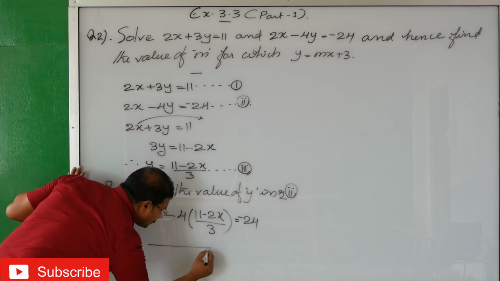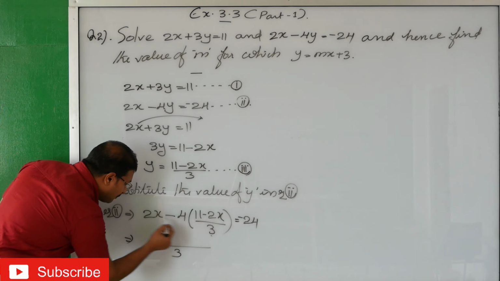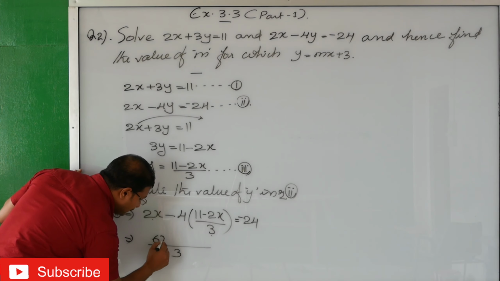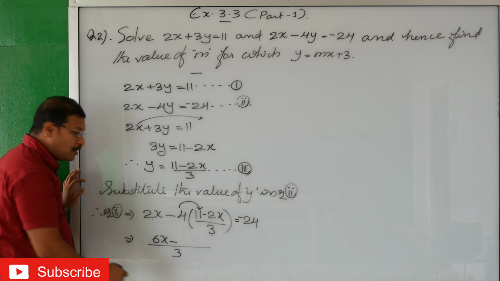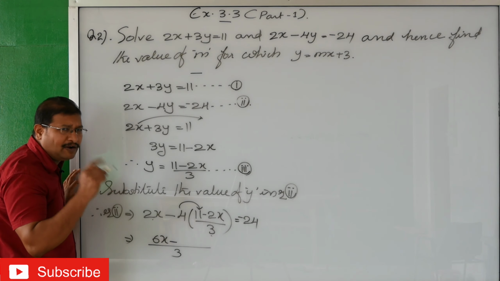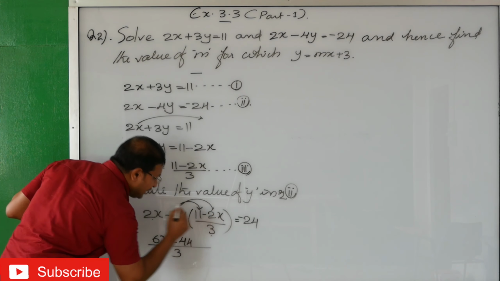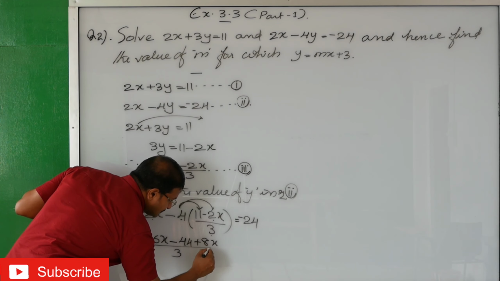LCM I am taking as 3. Ready? Now this 3 will multiply to here. So 3 2s are 6x. After that, minus. Now we'll open with a minus 4. Minus 4 into 11, 11 4s are 44. Now minus into minus is plus. 4 2s are 8x. Ready?